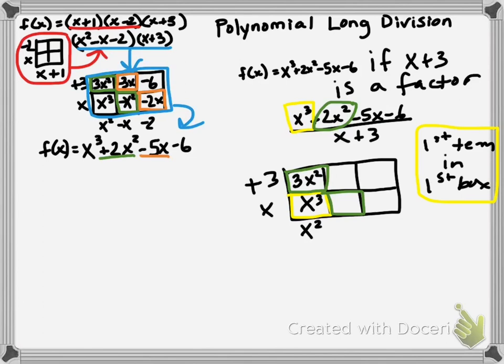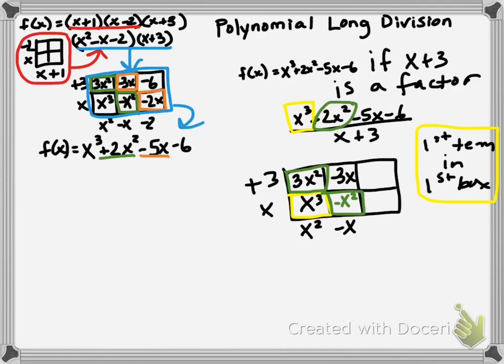So if I have 3x squared, what would I need in that green box to make 2x squared? Think about that, it would have to be a negative x squared. Now that I have that, I can continue again. This x times this has to give me that x squared, so this has to be negative x. This would be negative 3x up here.